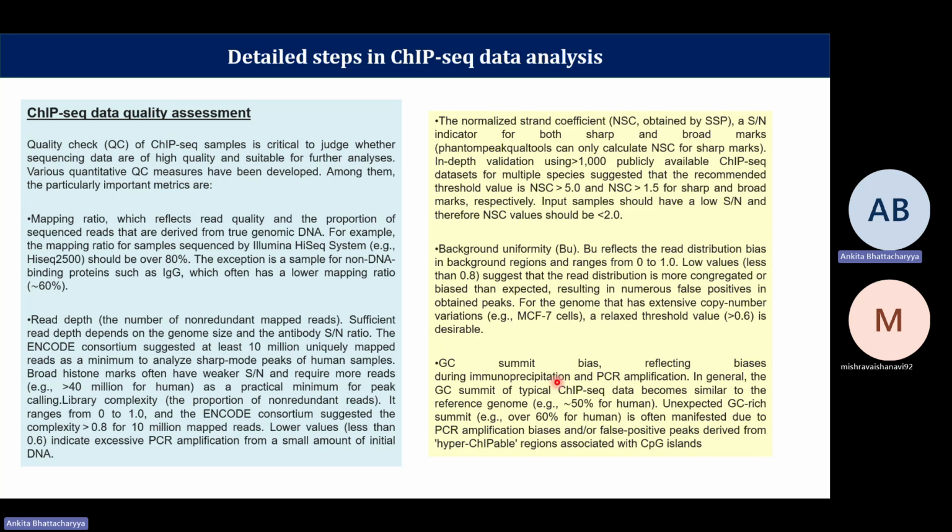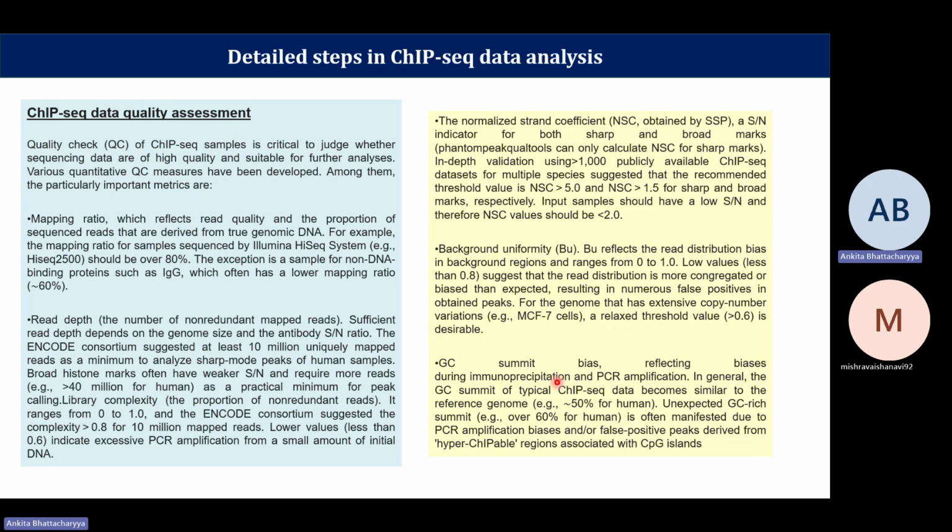For the reference genome, approximately 50% is the percentage GC for human beings, and unexpected GC rich summits indicate PCR amplification biases, because sometimes the polymerases that you use for PCR amplification end up incorporating random bases at the time of amplification, and that can lead to unwanted, unexpected, and random mutations.